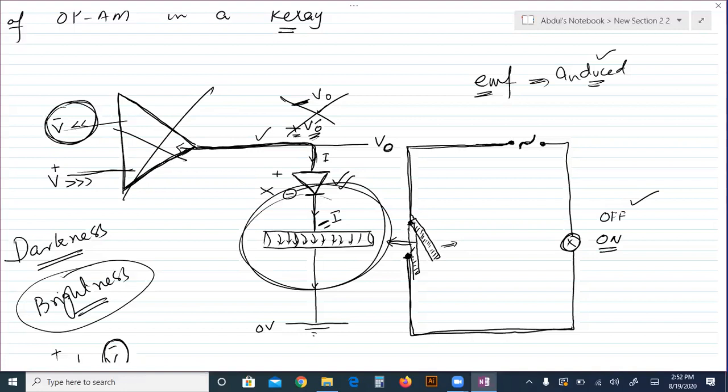So there will be self-induction of this coil. Negative current is induced, and due to the current, this op amp is faulty.